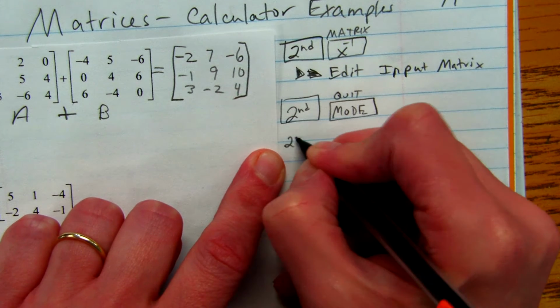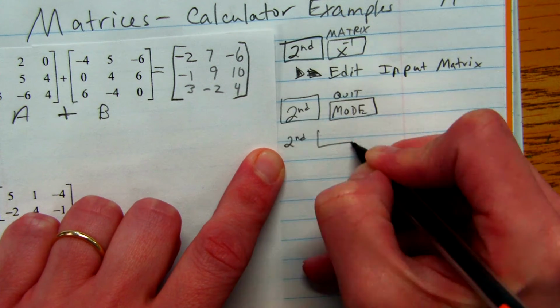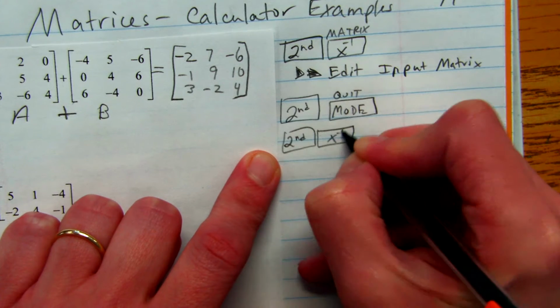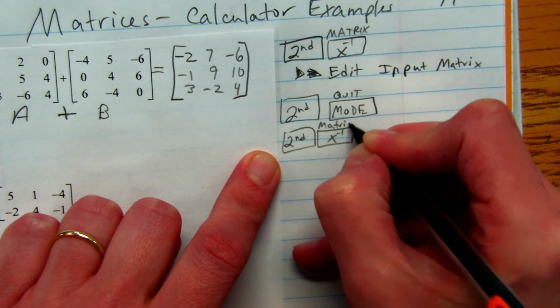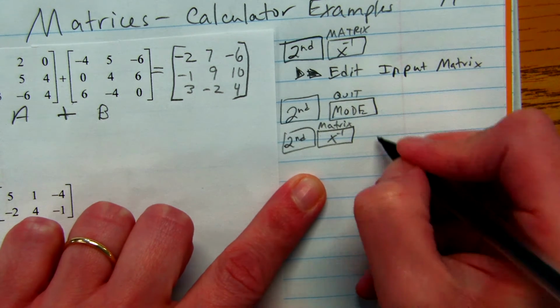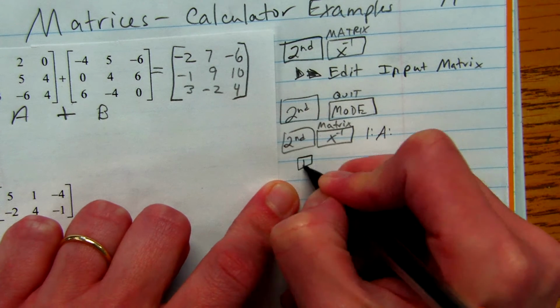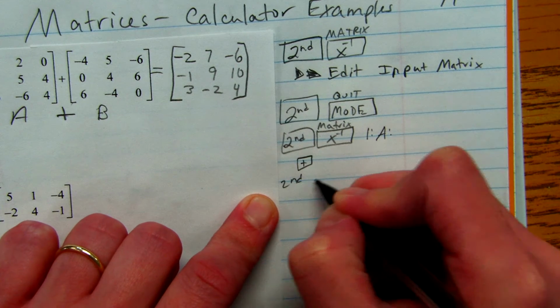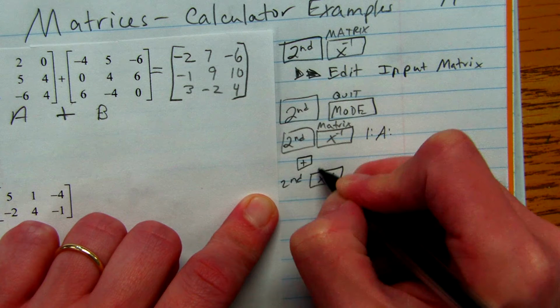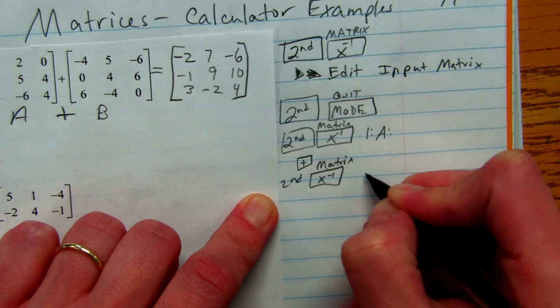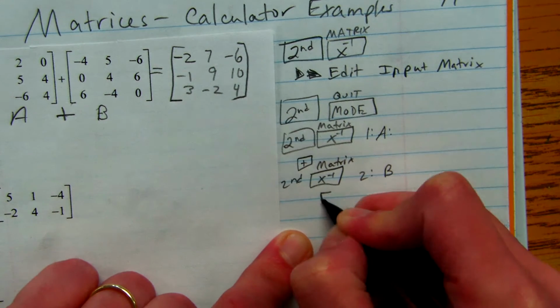So you go into second matrix, and then you'll capture number 1A, hit the plus sign, second matrix number 2B, and then just hit enter.